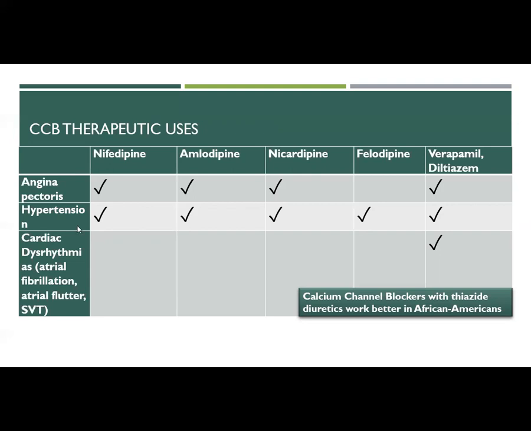So all of these can be used for chest pain. And your cardiac dysrhythmic drug is your verapamil, it can be used for that. So once again, calcium channel blockers work better in African Americans.